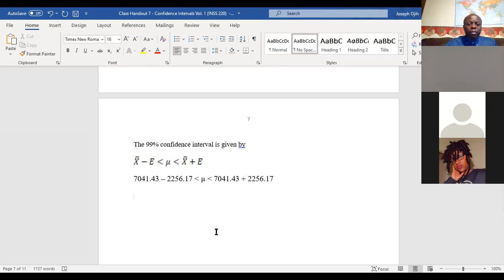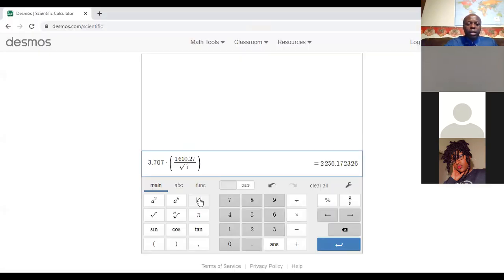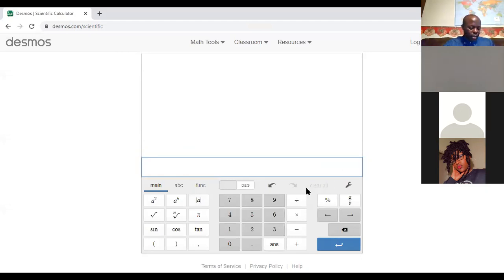So we have it at this place: 7041.43 minus error of 2256.17.